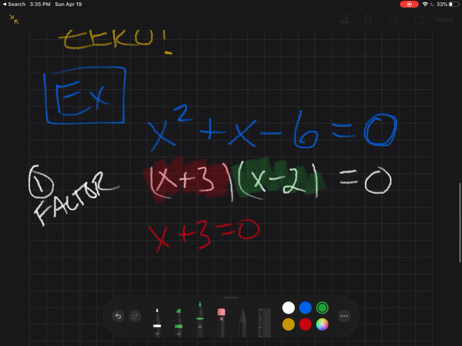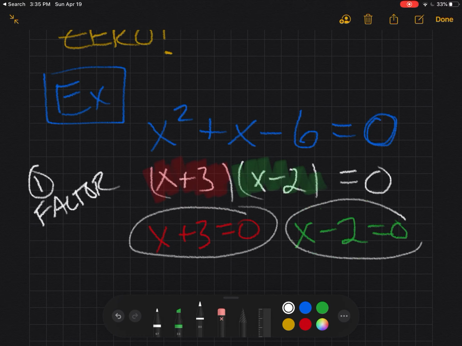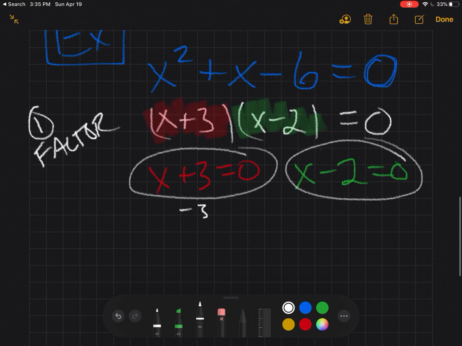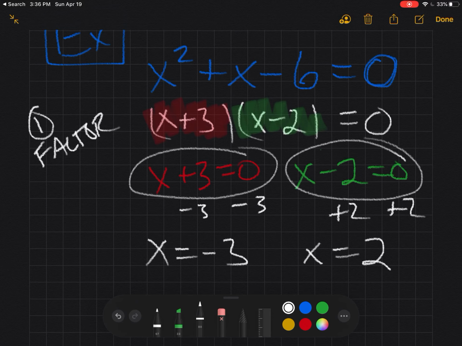That's the zero product property right there. So now what I have here is the product of two numbers. My first number, x plus 3, could be 0. Or my second number, x minus 2, could be 0.